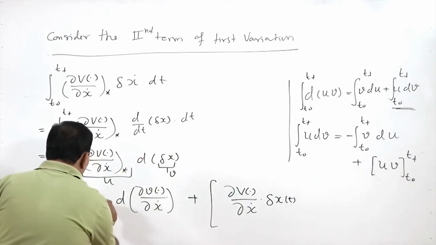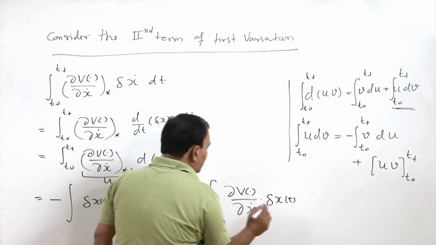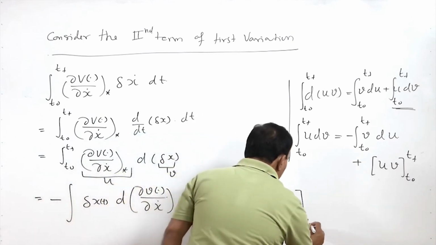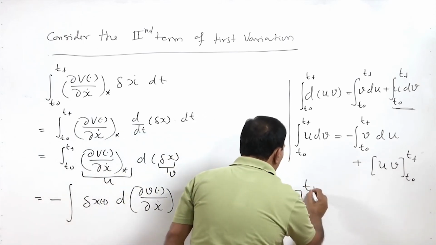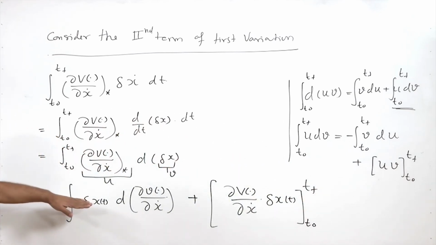So, this is also my delta x of t, varying from T0 to Tf.